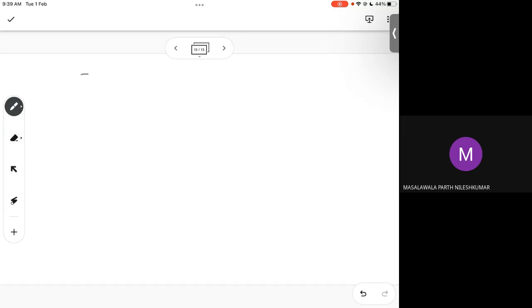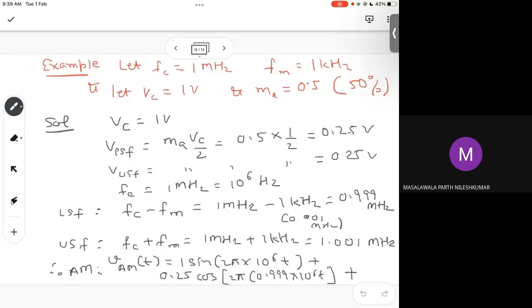So it becomes minus 0.25 cos 2 pi into 1.001 into 10 to the power 6. So I got three frequencies. One is the original carrier, which has an amplitude of 1 and sine 2 pi into 10 to the power 6, and the two frequencies with the amplitudes 0.25 and 0.25.